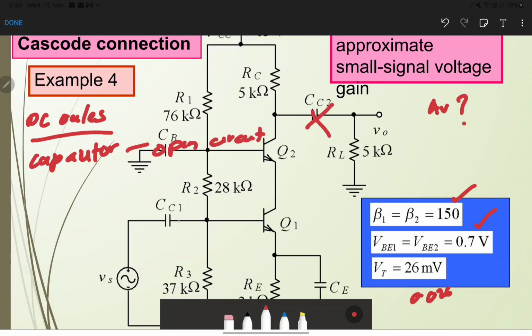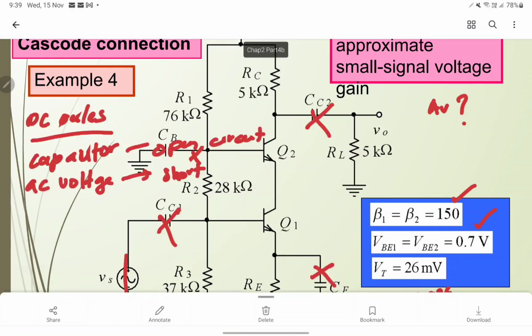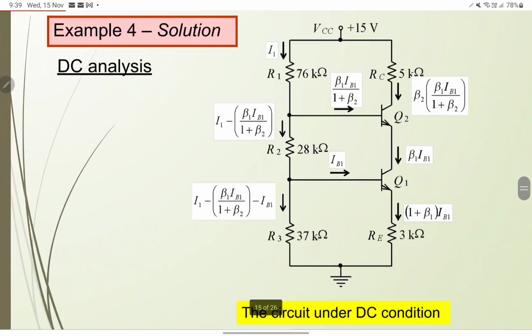So this side will open, and then the AC voltage source becomes short. This side will open, and then you can transform your circuit into the DC equivalent circuit.